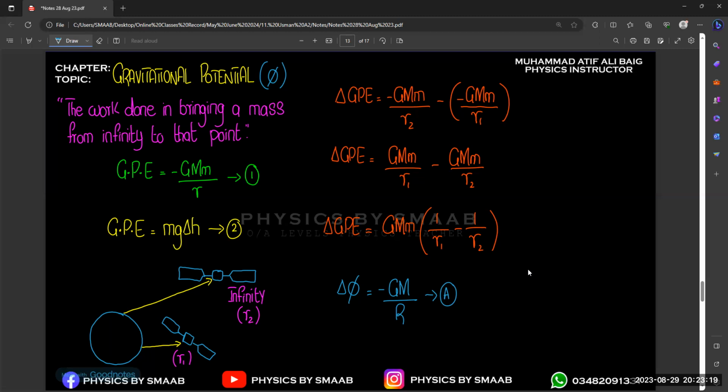So if we want to find out that, you know that there is a concept of one body, right? We are only using capital M, it means we are only taking the reference of one body, not the two. So for that, our equation will be delta phi is equal to minus GM over r2. And for the other one, we again need to subtract just like the previous concept.